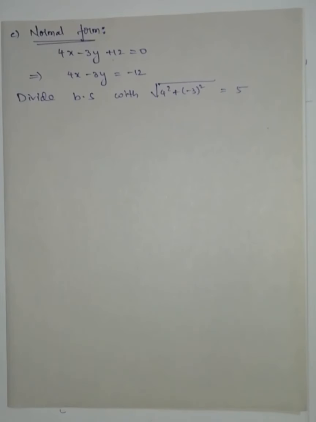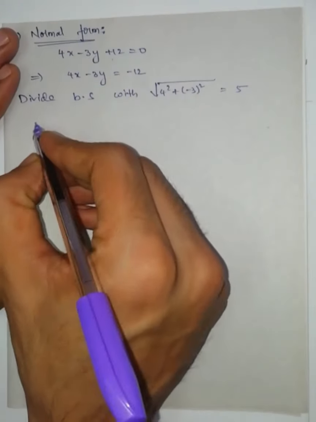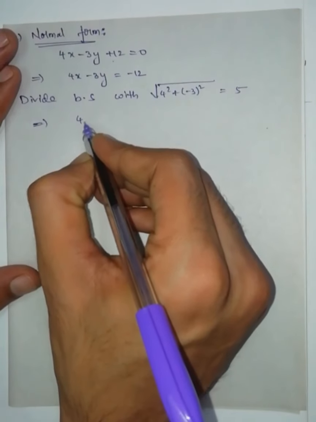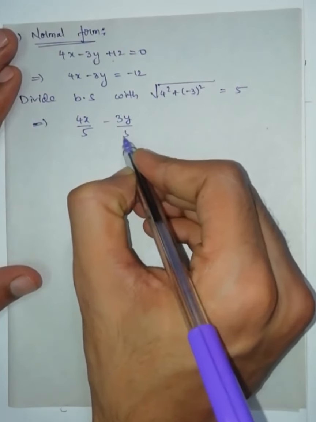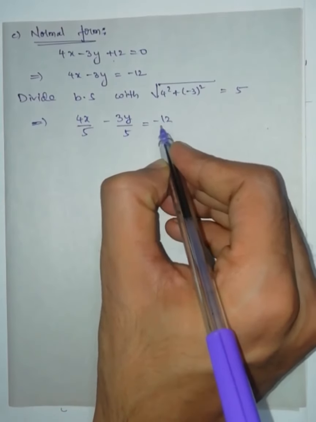Under root of 16 plus 9, that is under root of 25. Under root of 25 value is 5. So what you will get here? 4x by 5 minus 3y by 5 is equal to minus 12 by 5.